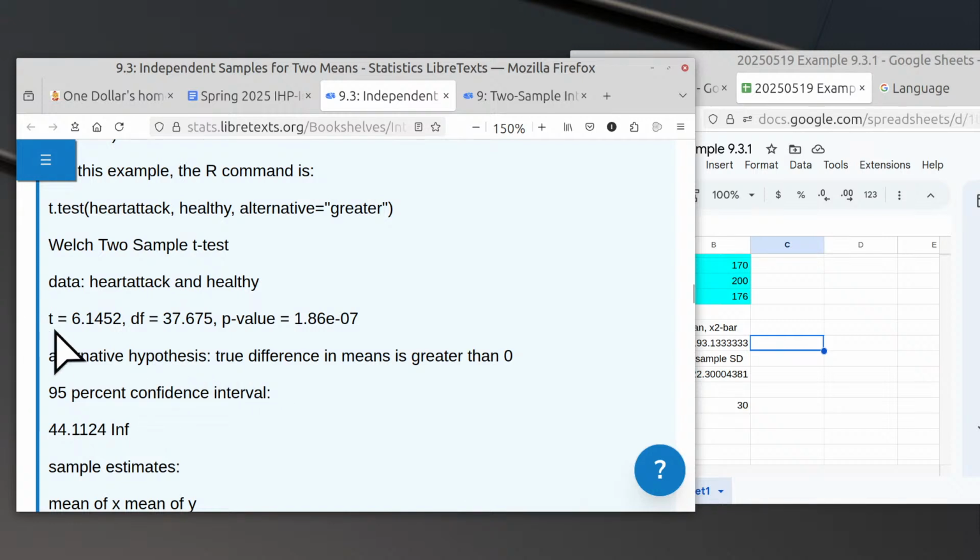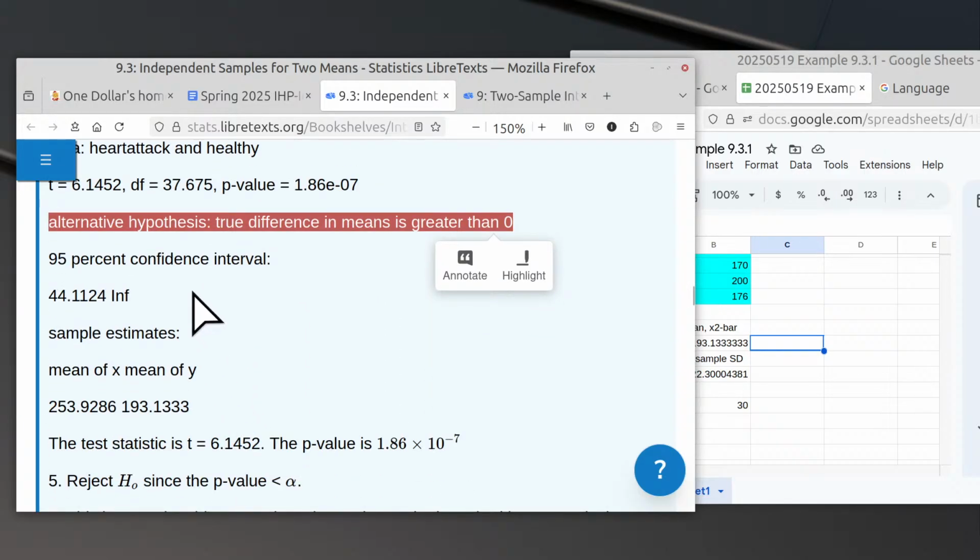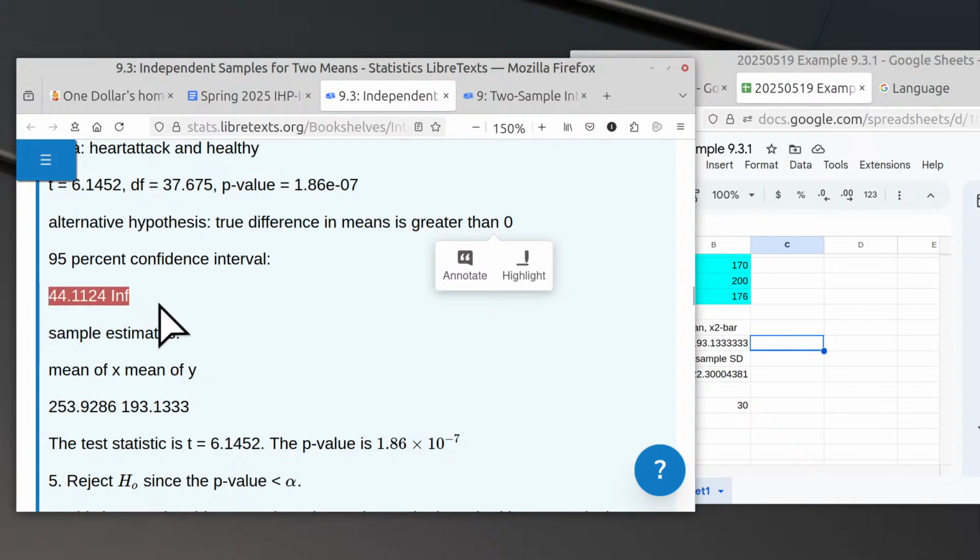The t is 6.1452, degree of freedom 37.675, p-value 1.86 times 10 to the power of minus 7, the alternative hypothesis is that the true difference in means is greater than 0, and the 95 percent confidence interval is this one.